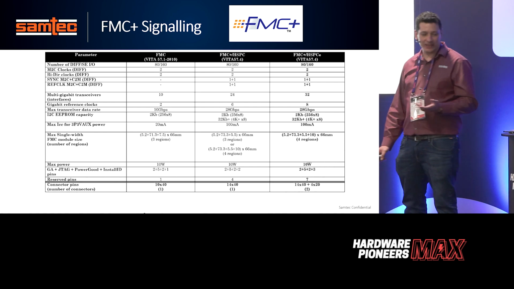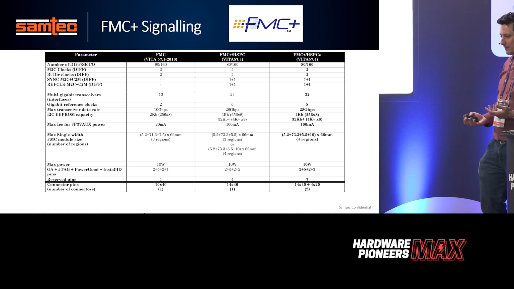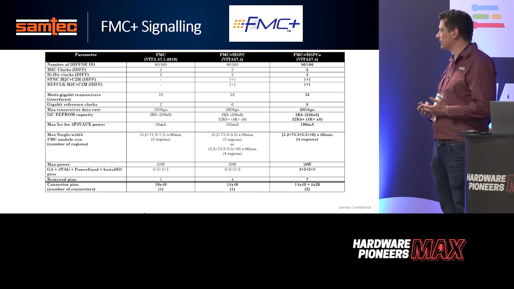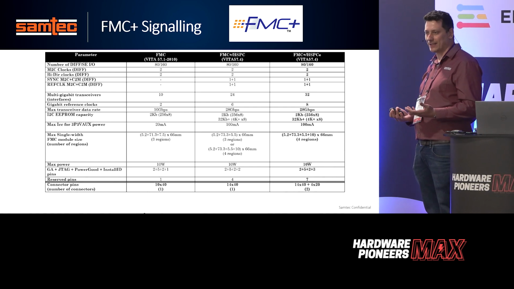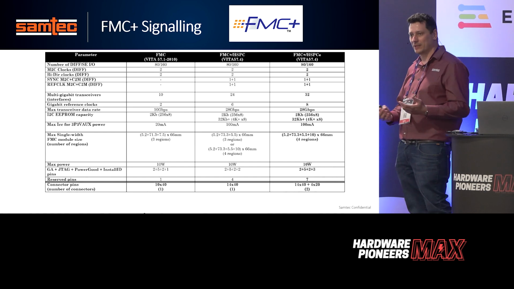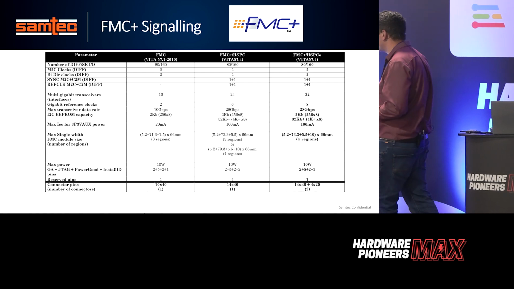You have the high pin count and low pin count. It's based on exactly the same connector. The idea of VITA is you can plug an FMC low pin count card into a carrier card with a high pin count connector, and it still will work. So it's the same connector, but we only fill the number of contacts as required.